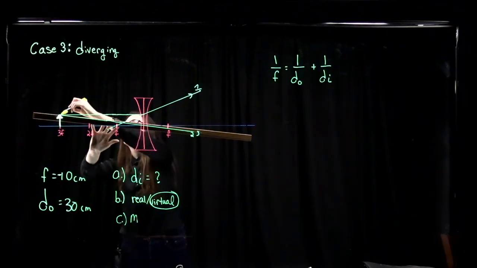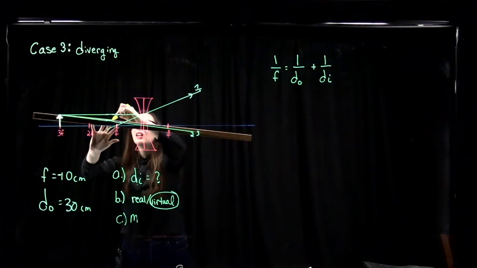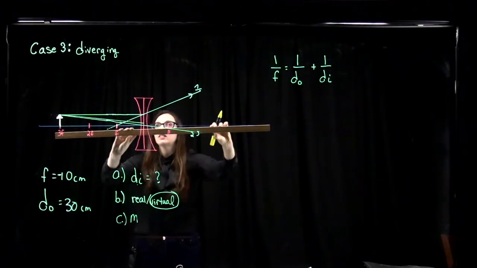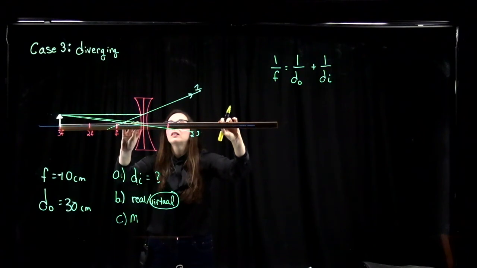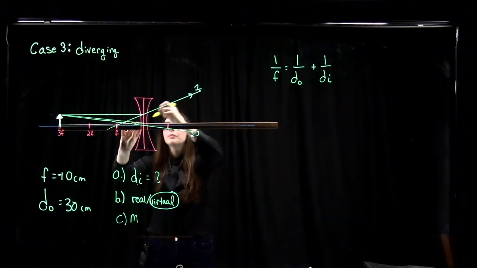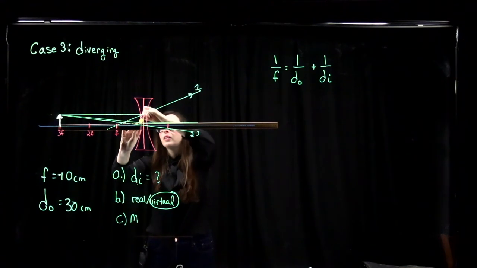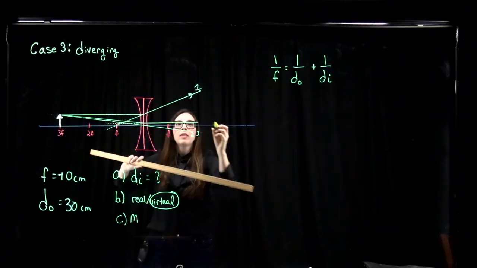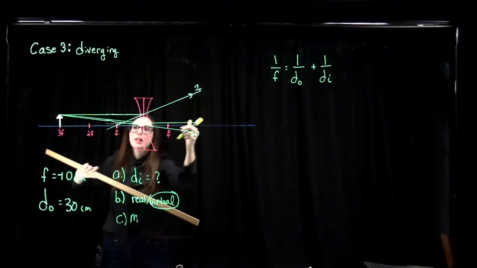Okay. But we're going to exit parallel to the axis over here. And then we're going to draw a little line that extends backward this way. Okay. So we diverge over here.